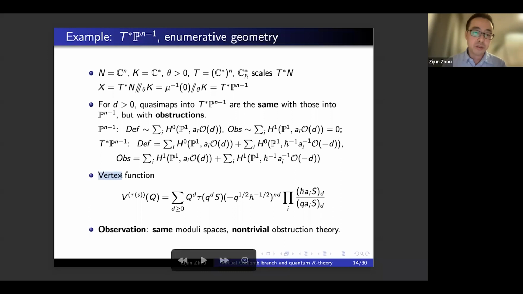And that's why in this vertex function for T*P^{n-1}, you have this contribution in the numerator, this h-bar part. This part comes from the obstruction.